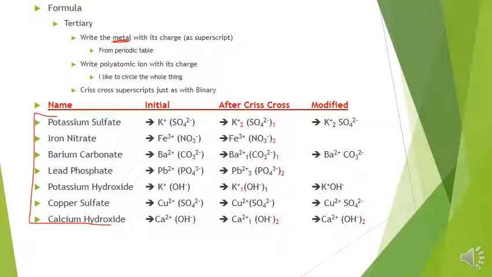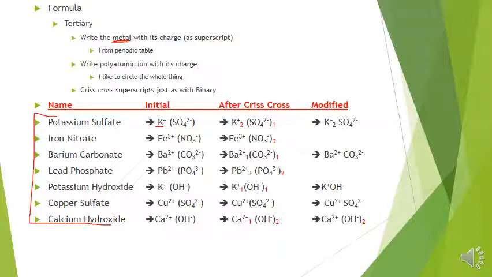So you write down the K and the plus. And then the polyatomic, you write it down and its charge, and I'd like to put it in a circle or parentheses, and then you will crisscross the charges.